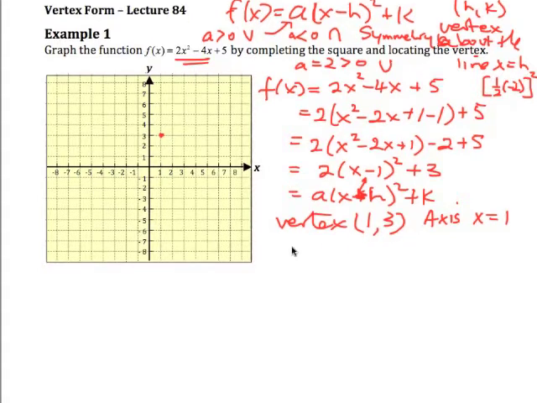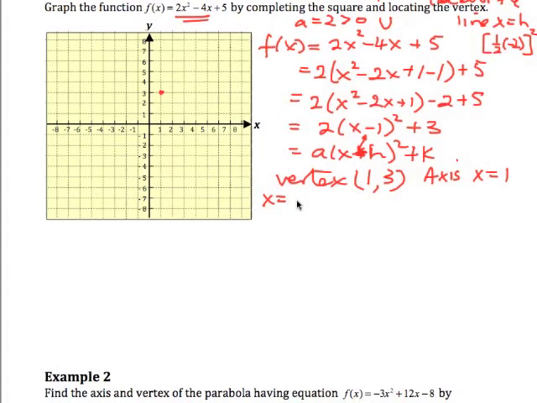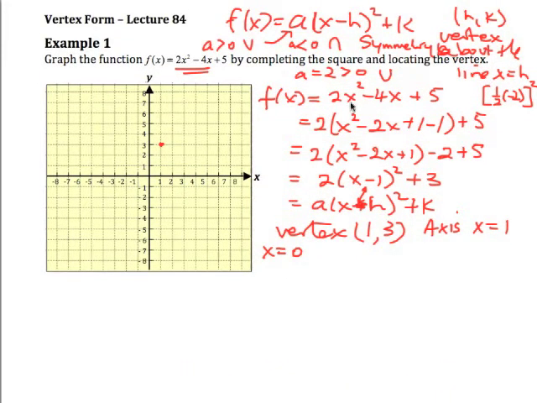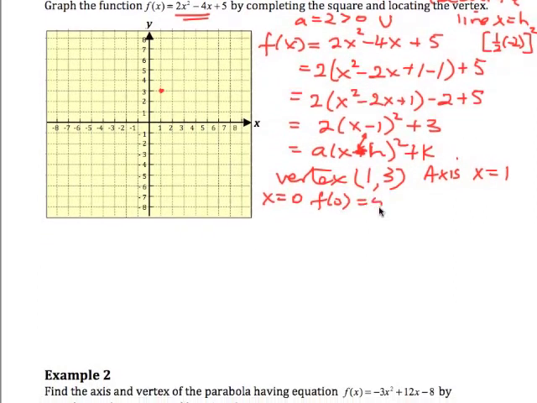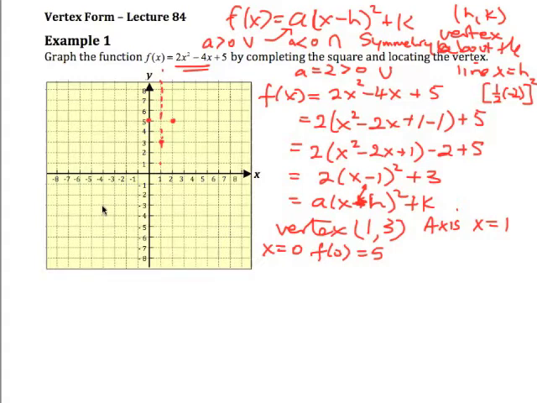So now what I do is I say, well, what happens if I have x equal to 0, for example? If x is equal to 0, we end up with 5, so f of 0 is equal to 5. So I end up with the point (0, 5). Now remember, our axis of symmetry goes down through here, and so I know that this is also a point.